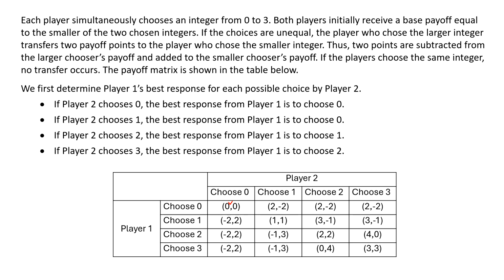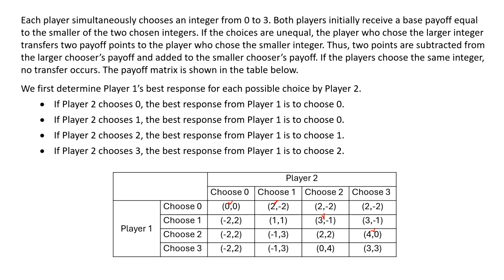Since all the other ones are -2, if player 2 chooses 1, then player 1 would do best by picking 0. That would be because you get 2 in there. And then let's see, in this case, player 1 wants to get a 3, so we would choose 1. And the last one would be 4, so player 1 would choose 2. Okay, so we put a mark next to these.